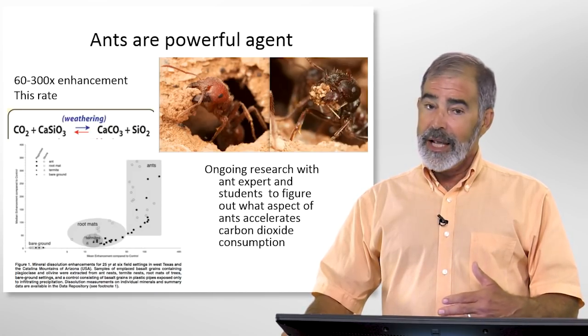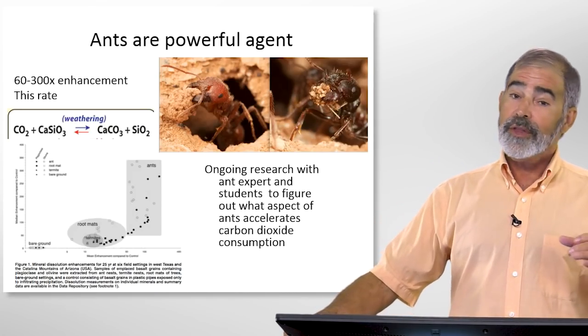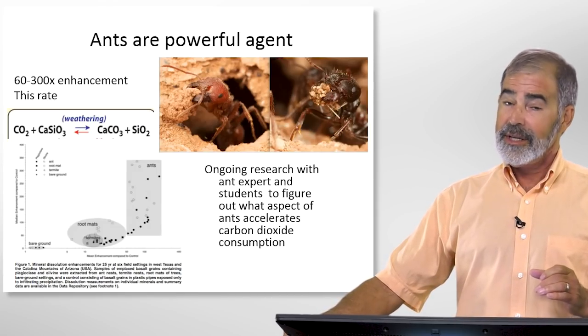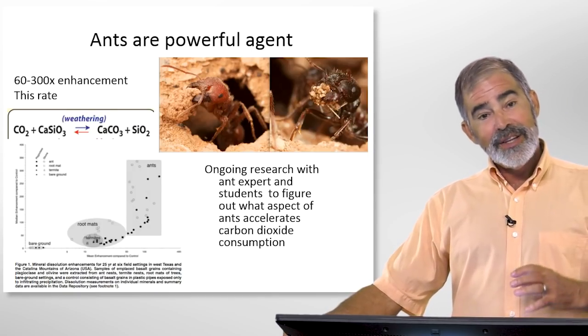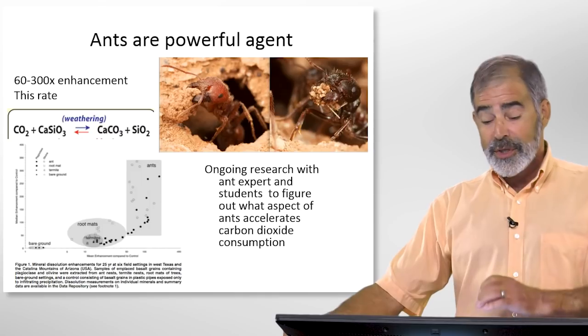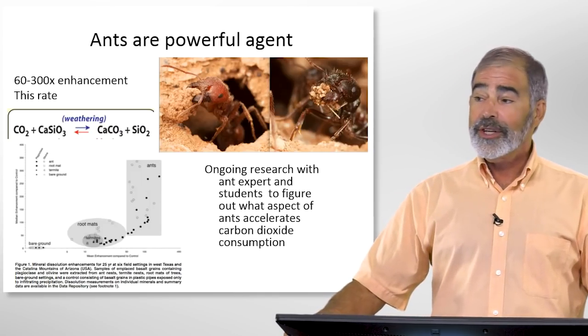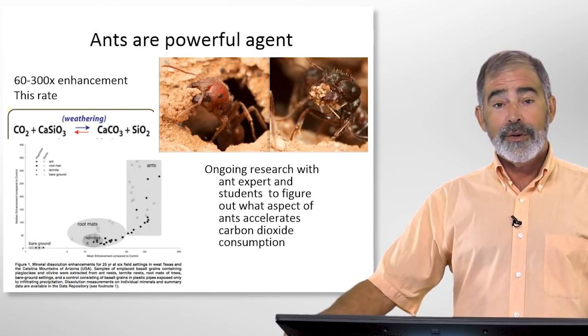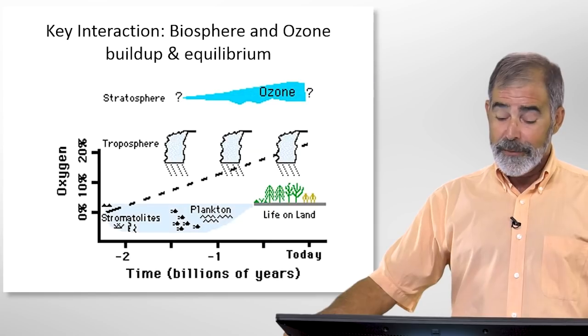Ants started to develop about this time, and ants have the ability to dissolve the calcium silicates more than almost any other agent. So the ants enhance the decay of the calcium silicate that can combine with the CO2 and begin to drop our planetary temperature. It's an intriguing idea and an example of the interaction between the biosphere, the atmosphere, and the solid Earth.